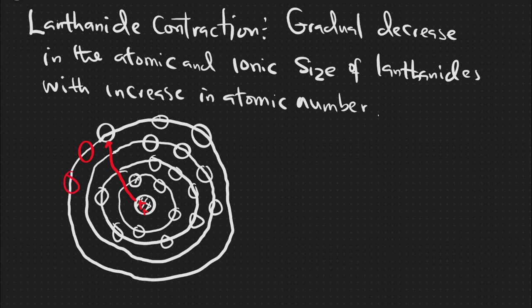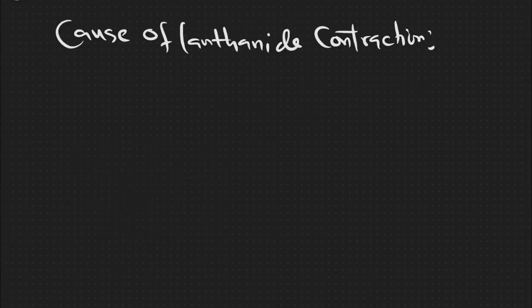Thereby there is a strong electrostatic force from the nucleus on the electrons in the final shell, drawing them closer and squeezing the size of the lanthanide. So we say the cause of lanthanide contraction is the poor shielding effect of the 4f electrons.